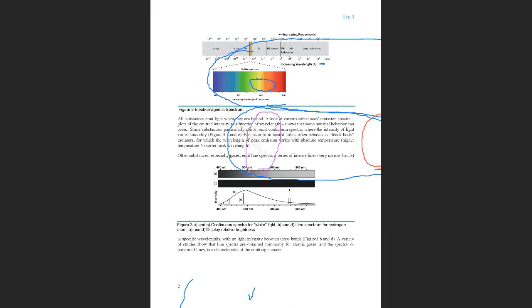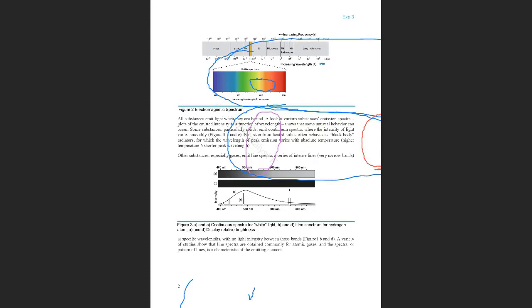But other substances, especially gases, emit a line spectra, which is a series of bands at specific wavelengths with no light intensity between those bands. So if we see this, only at these specific wavelengths we see intensity of light, and 0 for the other wavelengths.